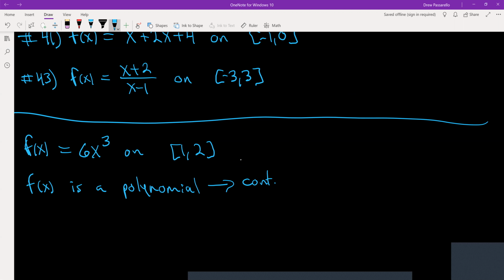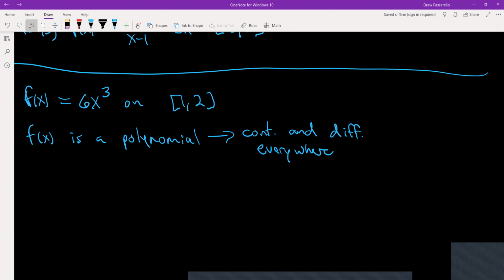So I'll put CONT for continuous and DIFF for differentiable. So continuous and differentiable everywhere. So since they happen to be everywhere, then on any interval, it's going to be continuous and differentiable.